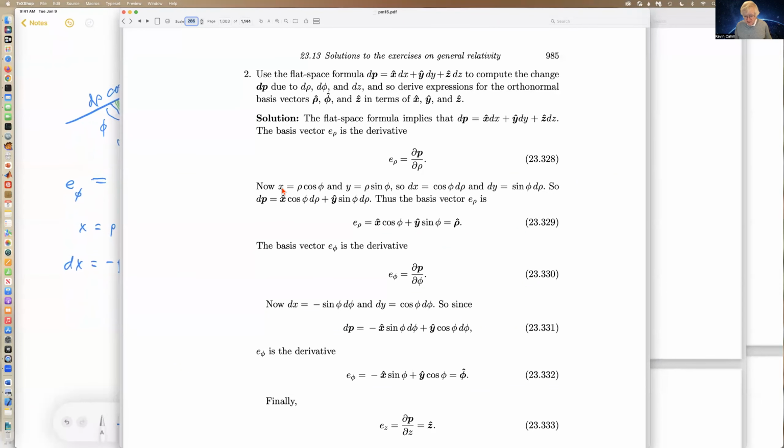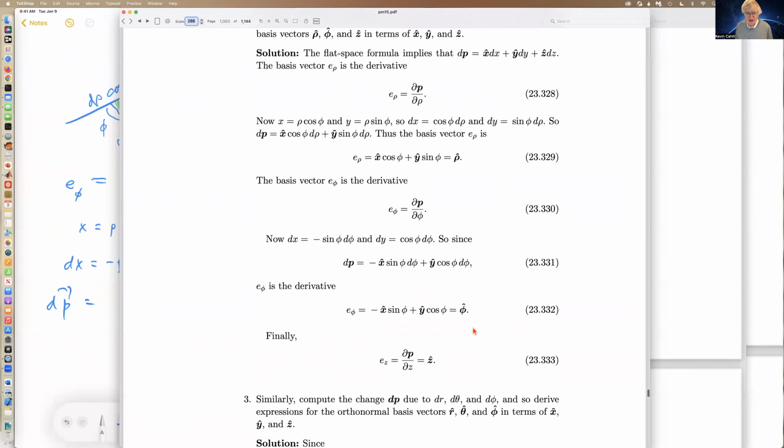And so those are the changes in x and y, and the change in the point then is x hat times dx, which is minus sine phi d phi, plus y hat times the change in y, which is cosine phi d phi.